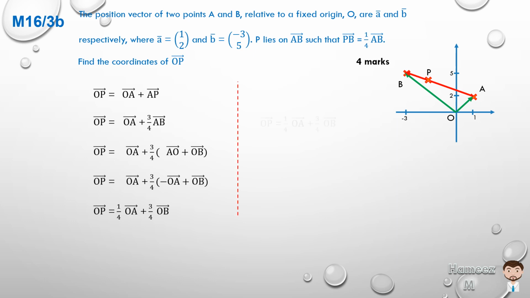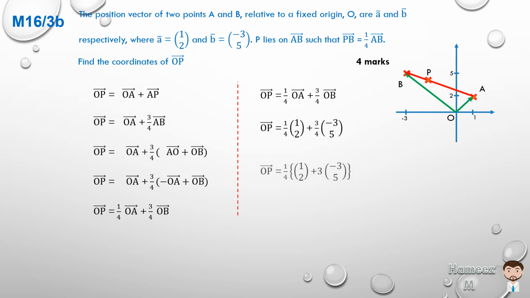And let's rewrite that. So we have OP is equal to 1/4 OA plus 3/4 OB, and we can substitute. So OP is equal to 1/4 of, what is OA? (1, 2), the x value is 1, the y value is 2, and the 3/4 of (-3, 5). And for simplicity, we can factorize out the quarter.